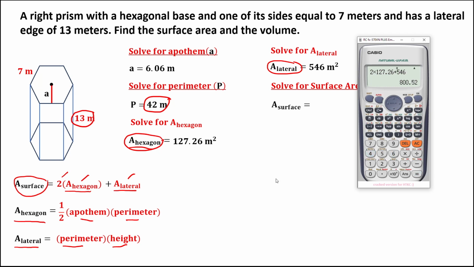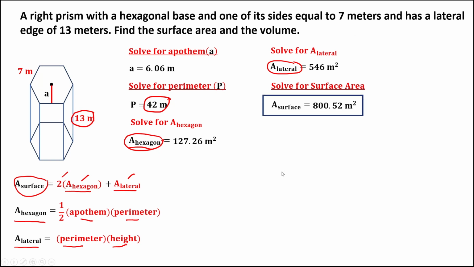So the surface area for this hexagonal prism is 800.52 meters squared.